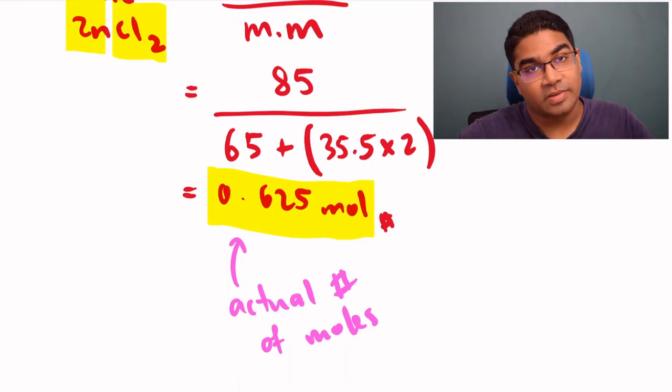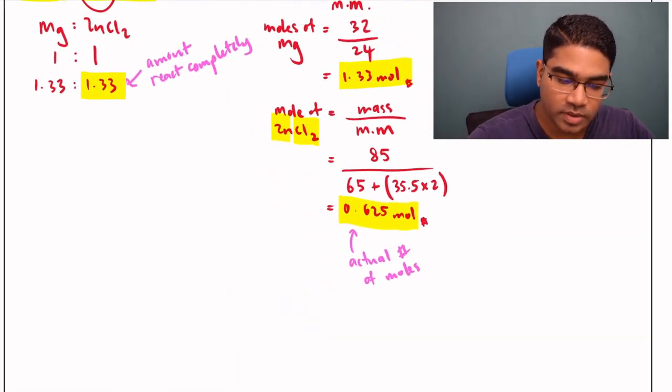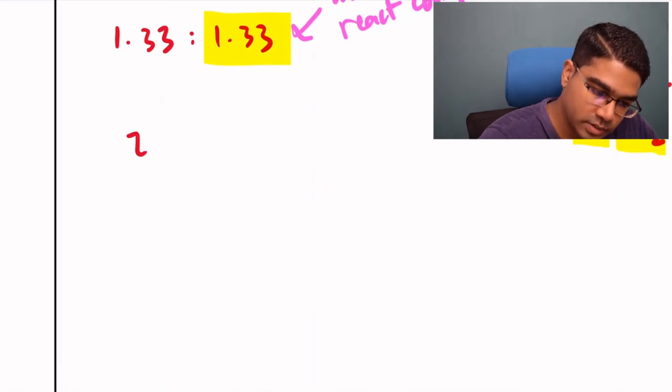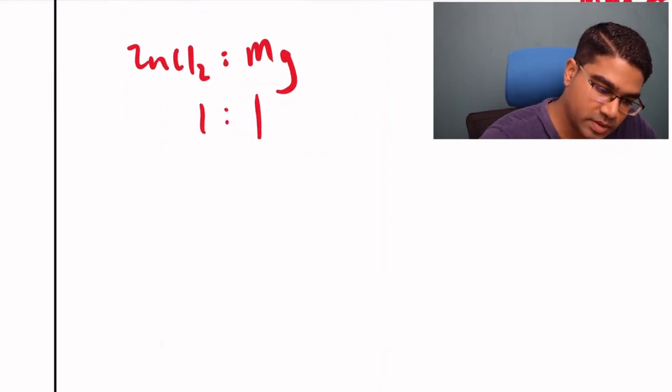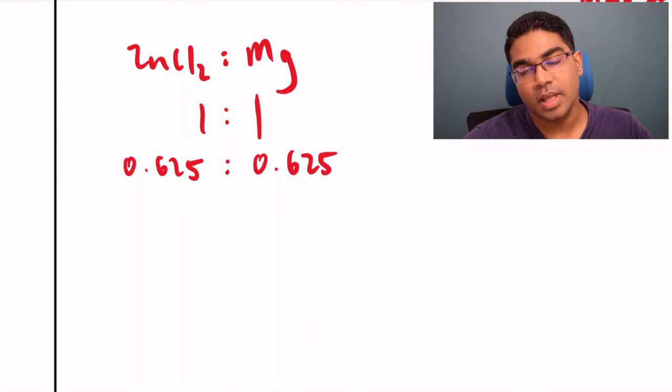So let's do this the other way around. Let's start with the amount of zinc chloride. In the same way, zinc chloride to magnesium has a mole ratio of 1 to 1. When we start with zinc chloride, 0.625 moles of zinc chloride will react completely with 0.625 moles of magnesium.